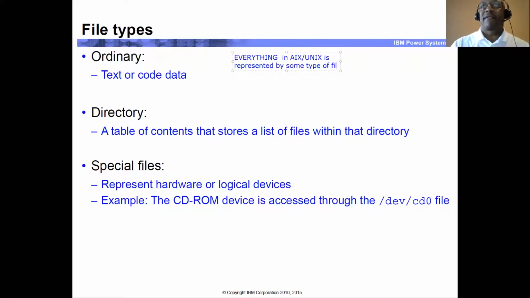All right. Whether it's an ordinary file, whether it's a special file, whether it's a link file, whether it's a socket, whatever is in Unix, whatever device, is represented by some type of file.